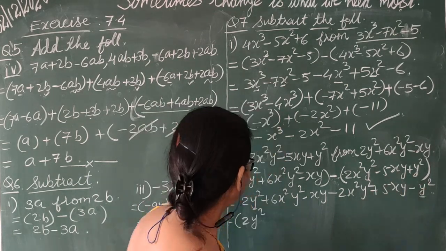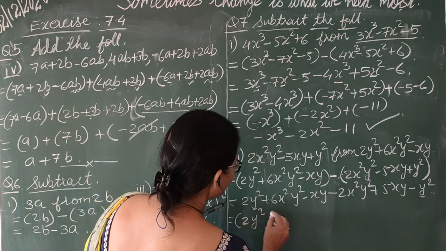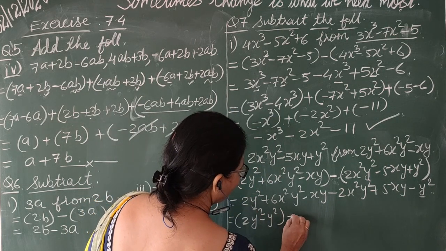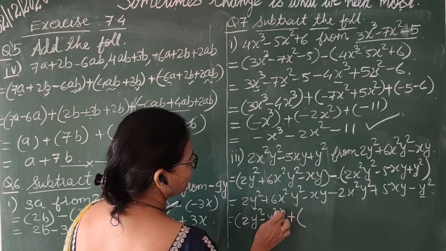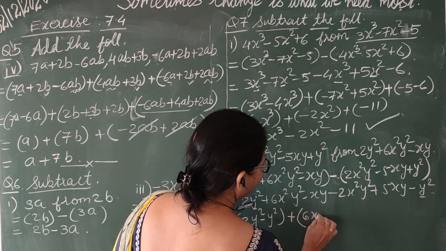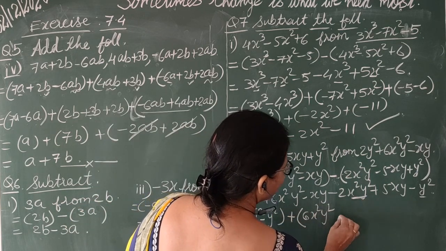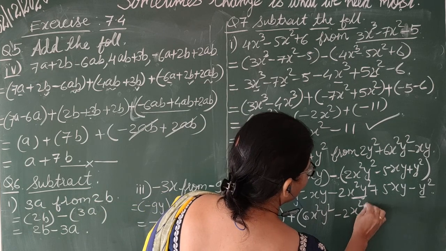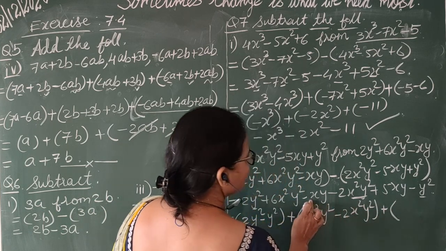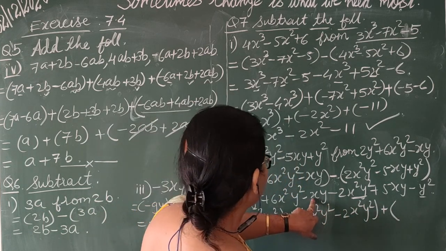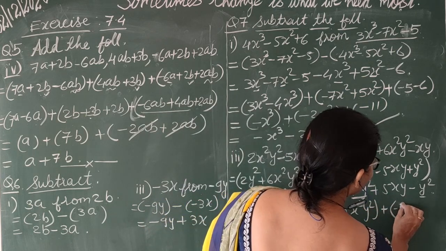That you can also do. Here you will always take plus while collecting the like terms. And now here x square y square, and here is x square y square. And here you can see minus xy and plus 5xy.